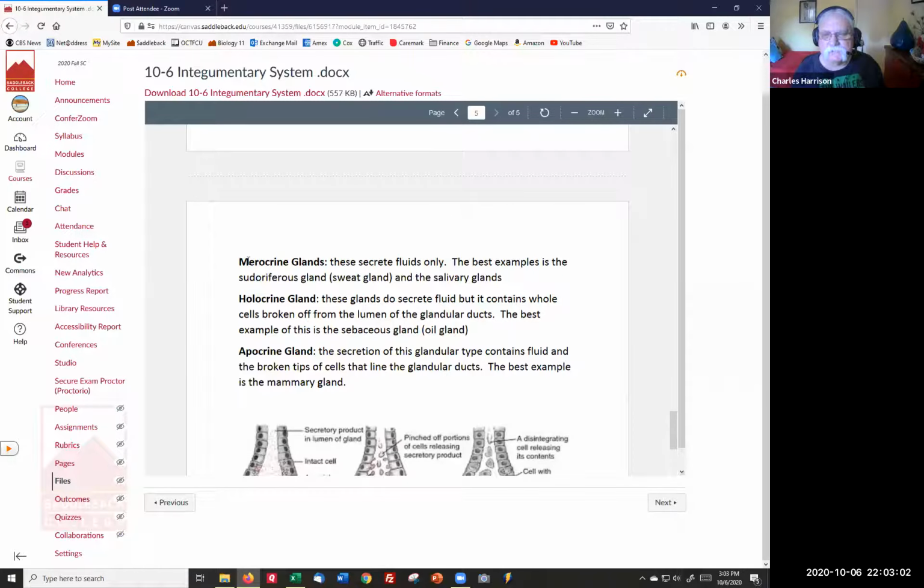Exocrine glands secrete, like saliva, to a specific location. The salivary glands are exocrine glands. A merocrine gland, again I'm saying this, secretes fluid only. The best examples are the sweat gland, sudoriferous, that we just saw, and the salivary glands.